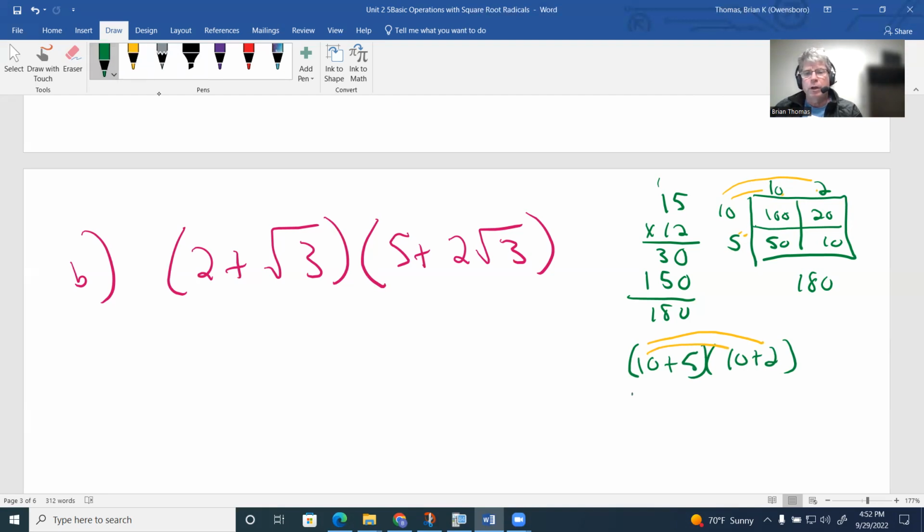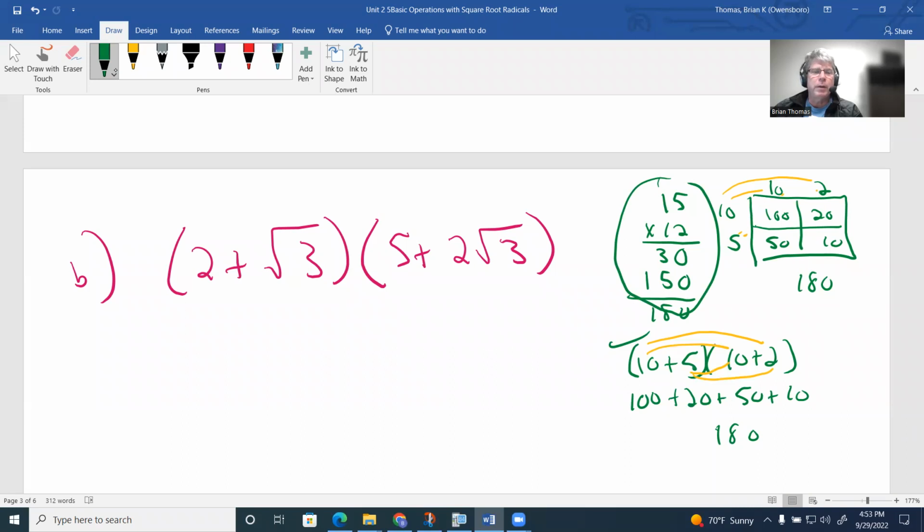So this becomes 100 plus 20. And then you got to multiply the 5 through. So the 5's got to go to the 10 and the 5's go to the 2. So that's going to be plus 50 plus 10. If we add all that together, that would be 180. So what we're seeing is this math here looks more closely related to this type of math. So this doesn't really help us a whole lot here, but this does.